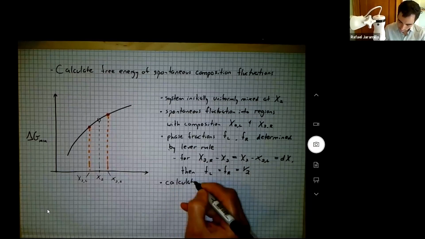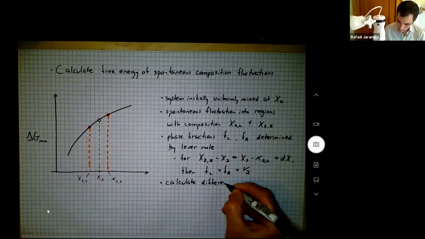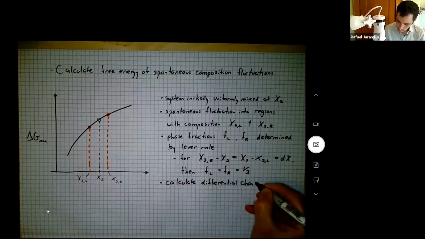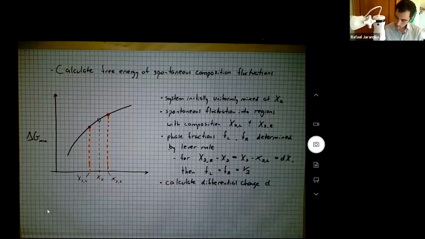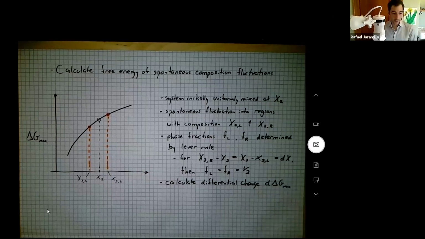the differential change in the overall free energy of mixing.